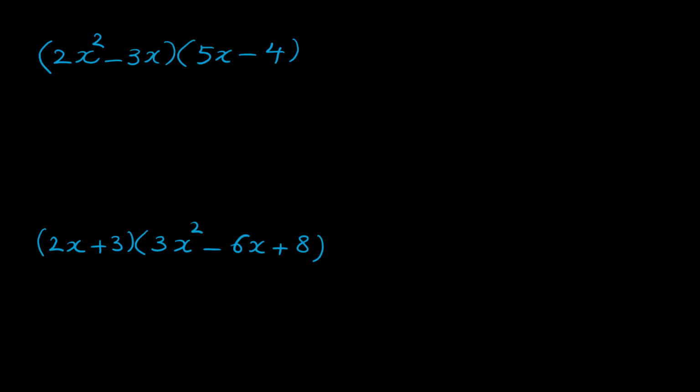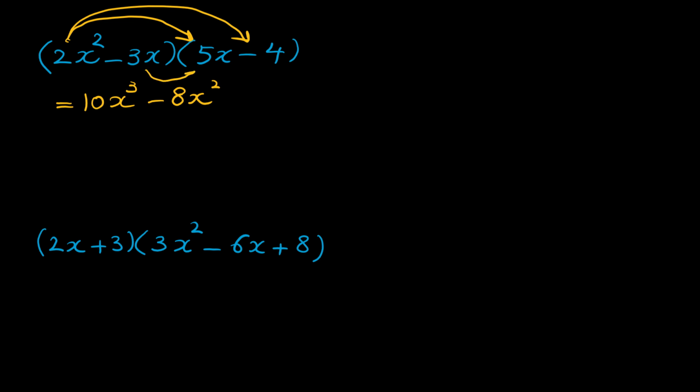Look at these examples. Again, we have a binomial multiplied by a binomial. The answer is 2x to the 2 times 5x is 10x to the 3. 2 times 5 is 10, x to the 2 times x is x to the 3. Now 2x to the 2 times negative 4 is negative 8x to the 2.